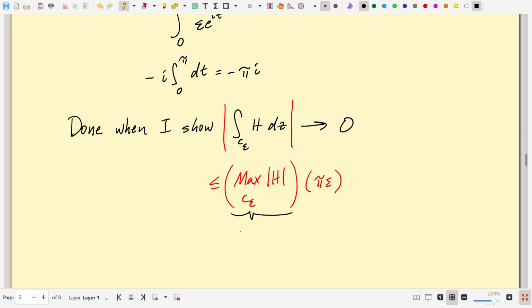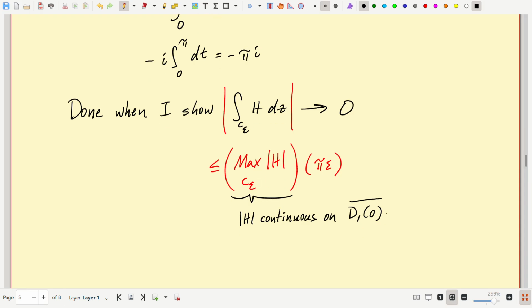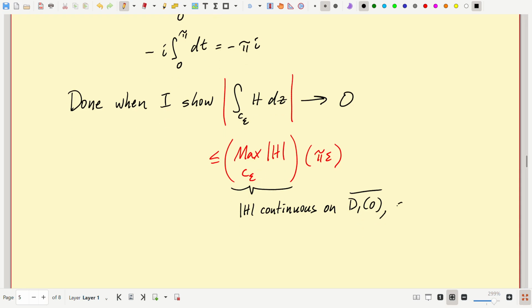So h is continuous on the closed unit disk, so it attains its max m there.